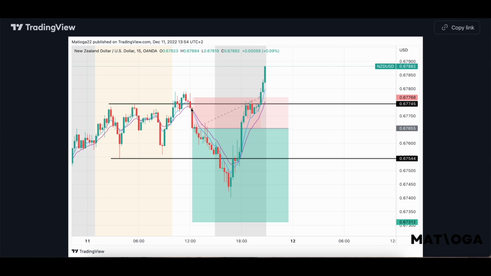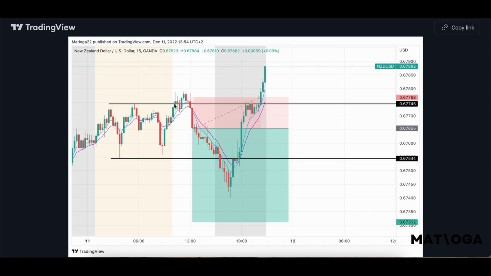Well, what happened here, also a fairly good entry. Asian session, it's not super active, but it's more active than the previous position. Yeah, we had some movement. Then we had London. We had a kind of breakout, but it's one pip shy, or one pip above, so it's not a super valid one.